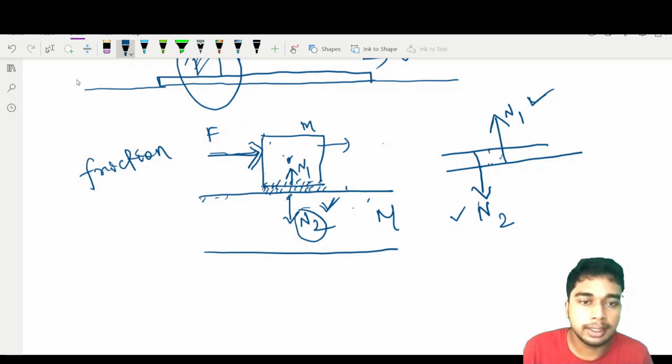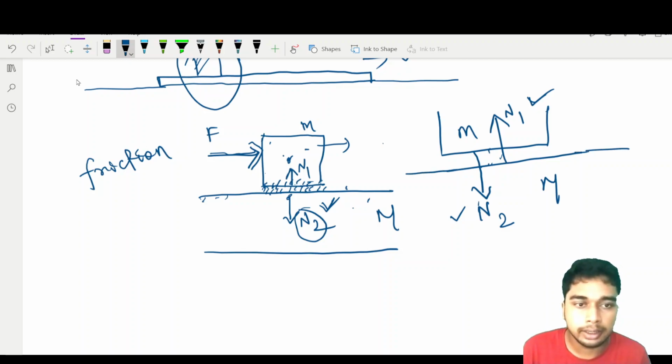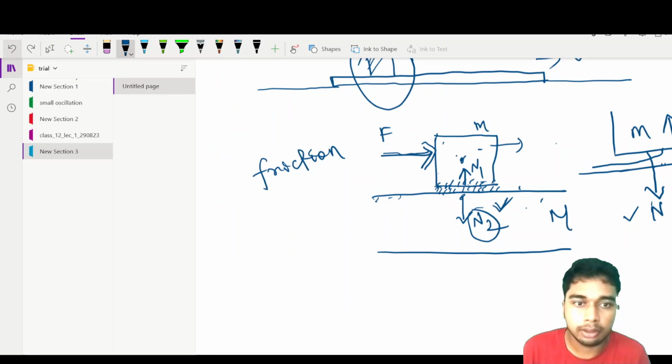So for example, this is the case of small m, I mean block, and this is the capital M, I mean plank. So in this case, when the body tries to move right, there will be a frictional force, small f. So there will be a frictional force.